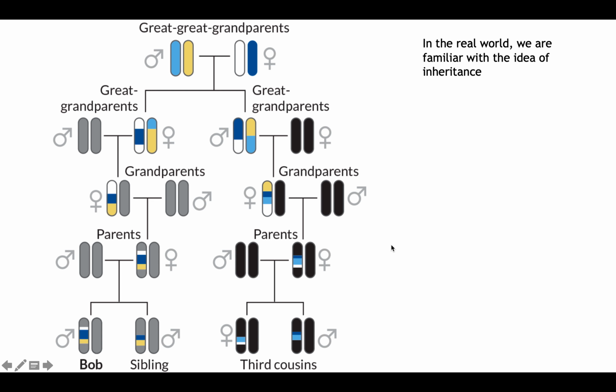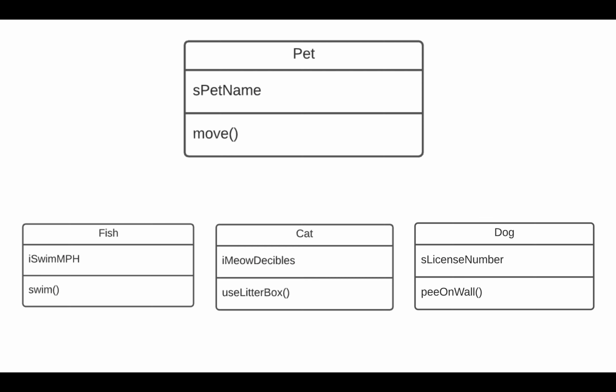Similarly, as it relates to inheritance, you're probably familiar with the idea that if your great-grandparents have some genetic material, as they have children, that genetic material gets distributed to things that come after that, mainly their children and their grandchildren and great-grandchildren. We can do similar things with classes and objects.